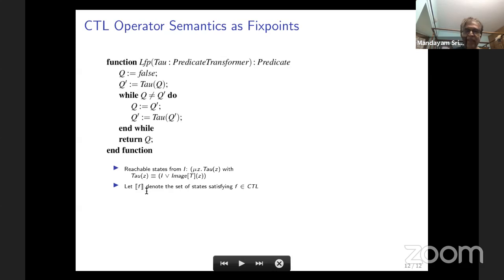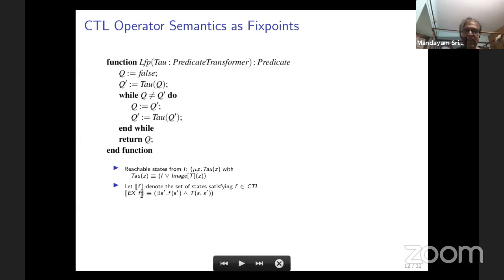Now I'm going to illustrate this for one of the operators of CTL. So let's do EX of f. I'm using this notation, double brackets with a CTL formula inside it, to denote the set of states satisfying f.